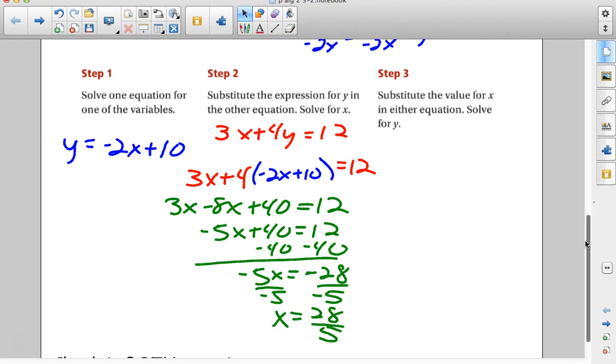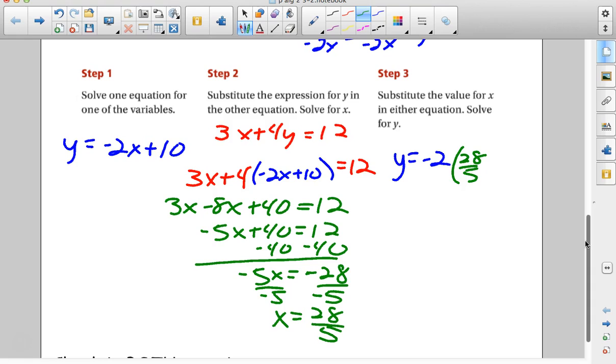So why not use this one? So really what I'm doing is taking that 28 fifths and putting it back into my y equals negative 2x plus 10.